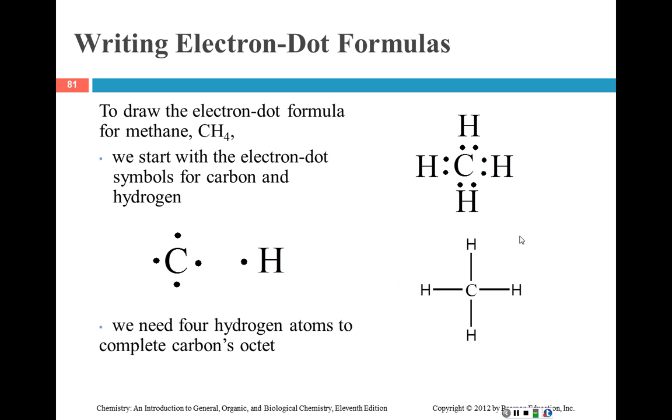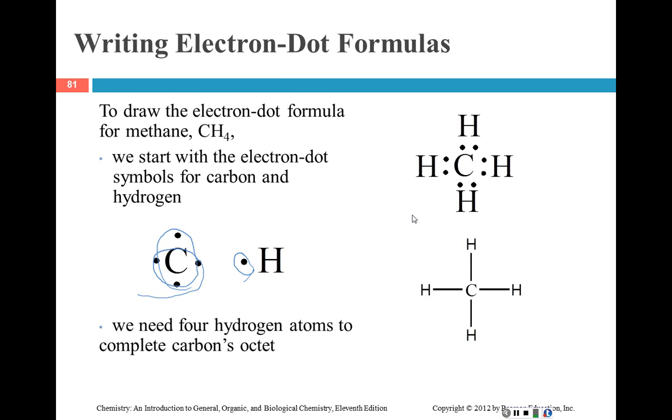To draw an electron-dot formula for any of these covalent compounds, we start with the symbols for each one of them separately. The carbon, as you see, has 4 sides. You put those dots on 4 sides, and then if it's going to hook up with hydrogen, hydrogen only has 1.